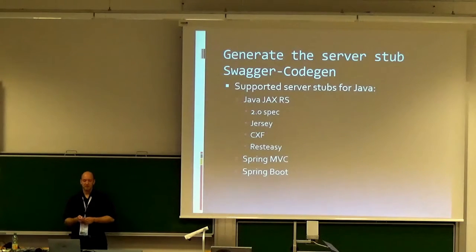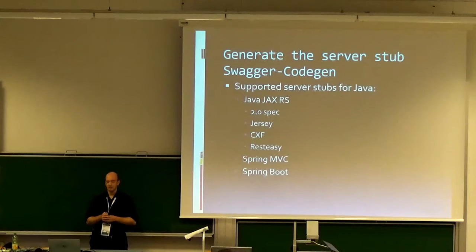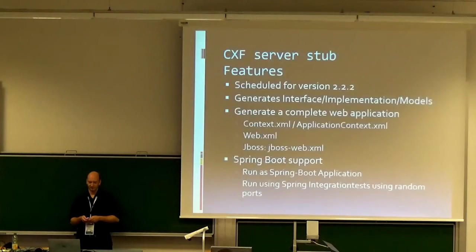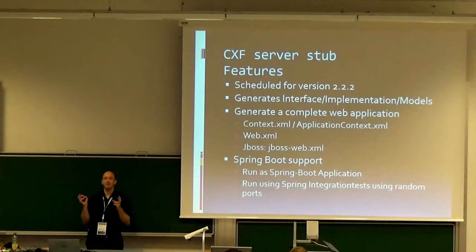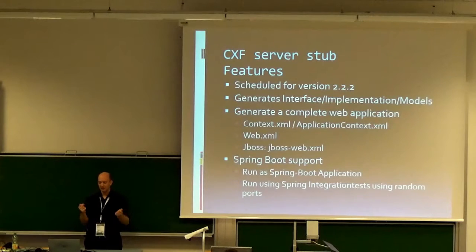The supported server stubs we want to talk about are, first of all, for Java JAX-RS, where we have four flavors: the core specification, Jersey, CXF, and RESTEasy, and also Spring MVC and Spring Boot. All generators provide the possibility to generate interfaces, implementation, and models.